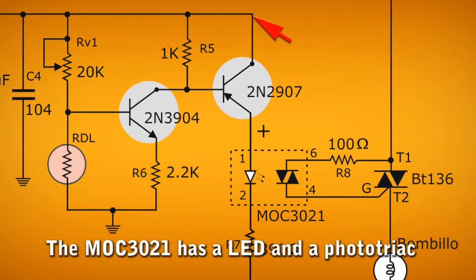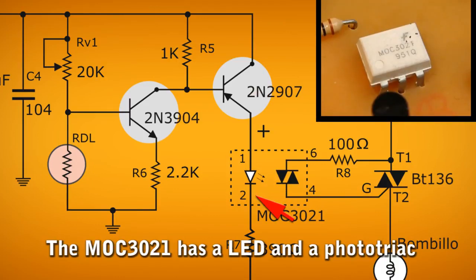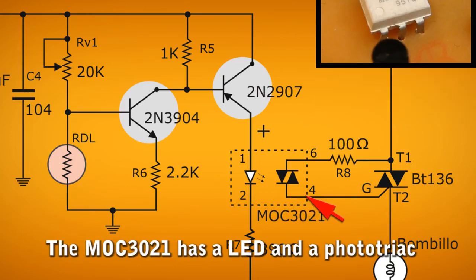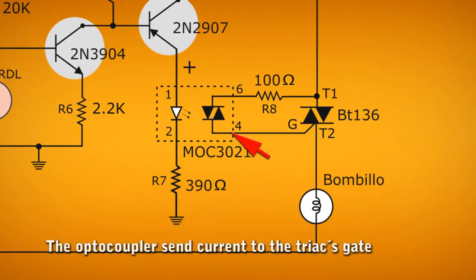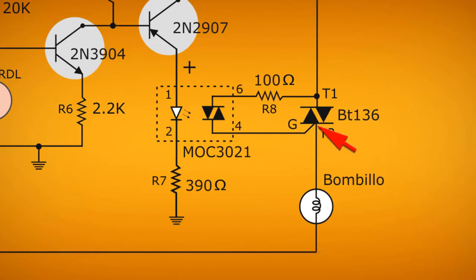When driving, the 2N2907 transistor passes a positive voltage from collector to emitter and reaches the optocoupler. The LED inside it is lit, triggering the phototriac, which is between pins 4 and 6 of the optocoupler. The phototriac conducts between pins 4 and 6, sending a current to the gate of triac BT136.